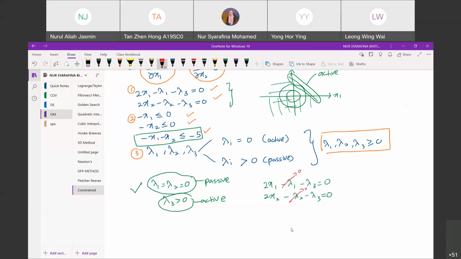Then you can solve this: 2x1 minus lambda 3 equals 0, 2x2 minus lambda 3 equals 0. Solving this will give you the values of x1 and x2, and once you obtain them, you can find the value of f.